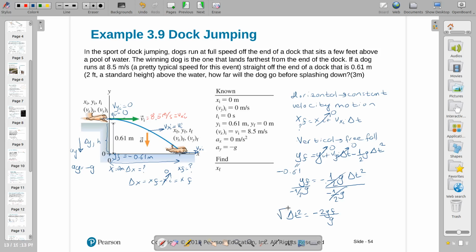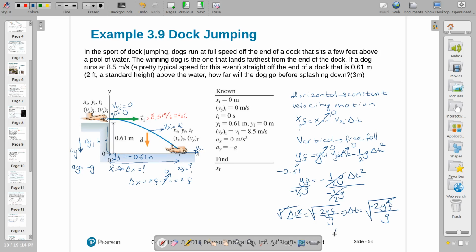And to leave delta t alone, I'm going to take the square root of both sides. So delta t is equal to the square root of 2 y final over g. Now over here the minus will cancel because when I insert y final, it is also negative under the assumptions I have. Minuses will cancel.